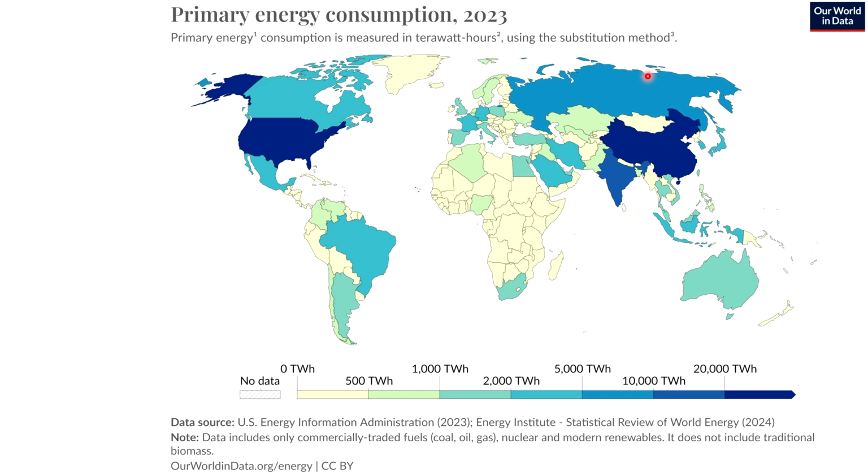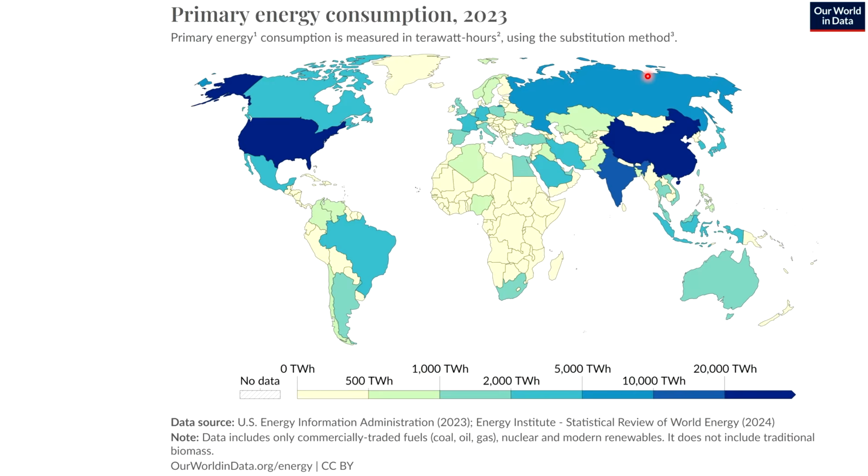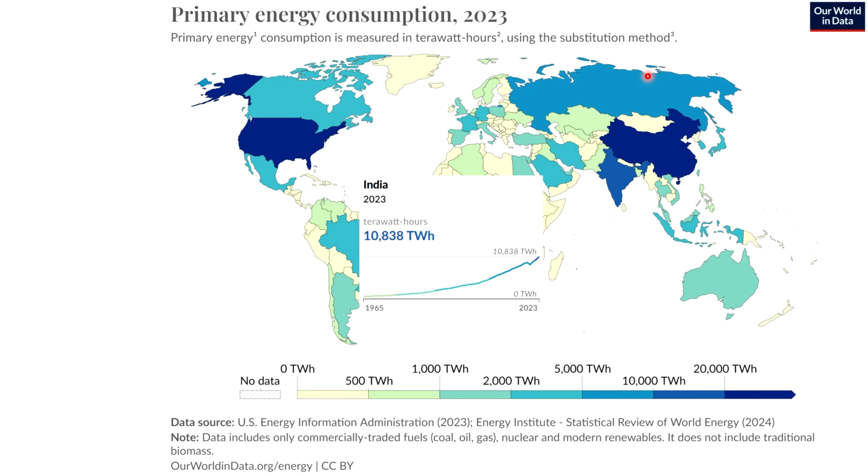So, this color coded map gives you the energy map of the world, who consumes what amount of energy, and total energy consumption in today's context is more than 180,000 terawatt hours, which has increased from less than 10,000 terawatt hours in 1800. A significant increase in the energy consumption which is built around the use of fossil fuels.